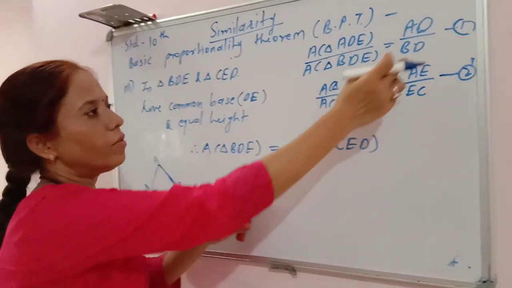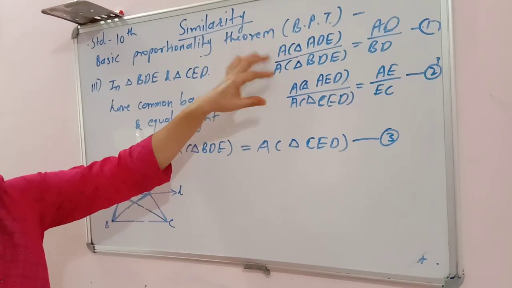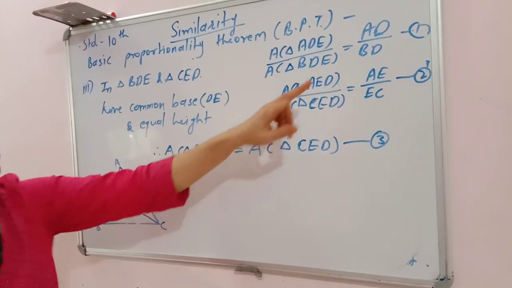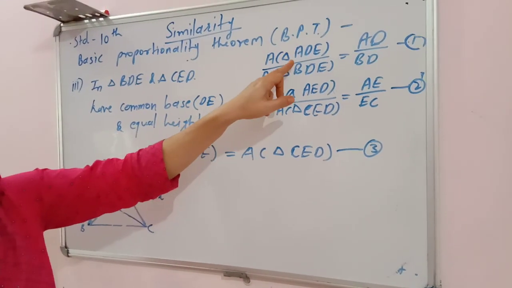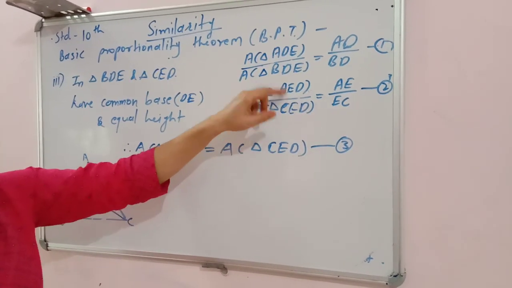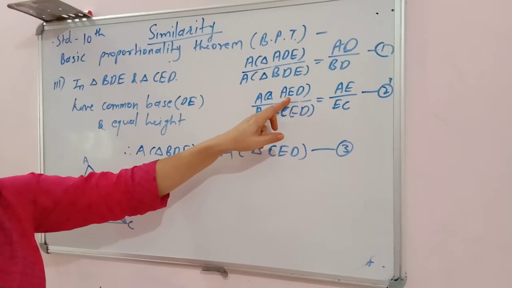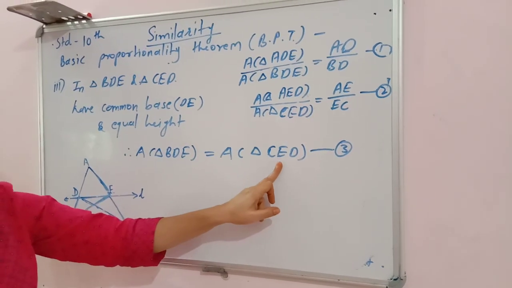So it is first, it is second, and it is third. I have written it here. From these 1, 2 and 3, see their numerators are the same. Triangle ADE and triangle AED are the same, I just wrote the name differently. And area of triangle BDE is equal to area of triangle CED.